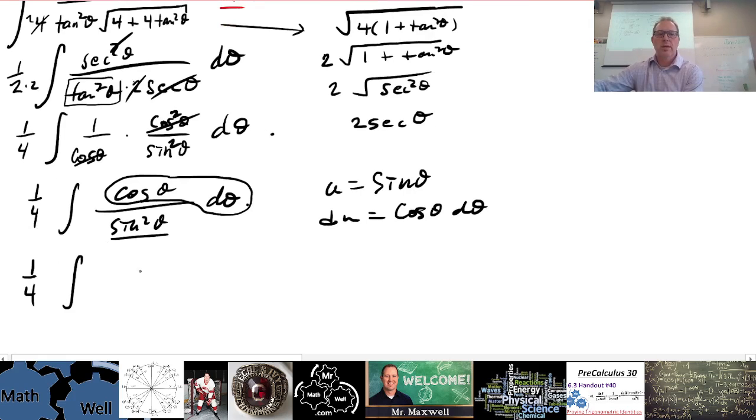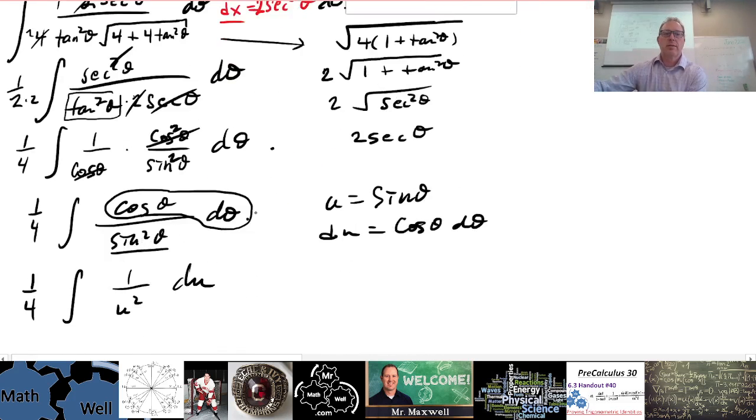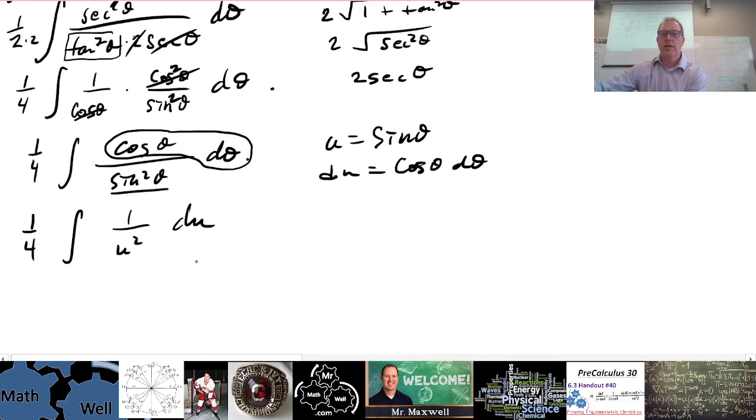So this is going to be the derivative of 1 over u squared du. Again, we went from x to theta to u real quick, but we're going to get back to theta real quick. Then we'll go back to u, or to x. So this is 1/4. What's the integral of 1 over u squared?